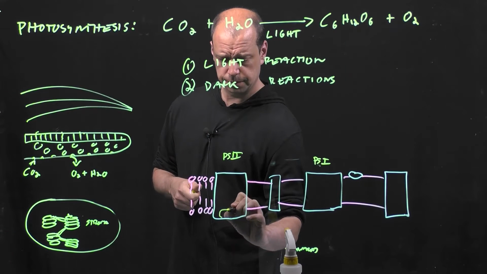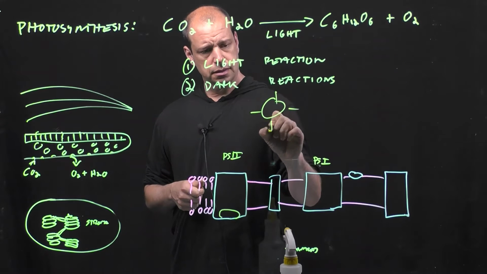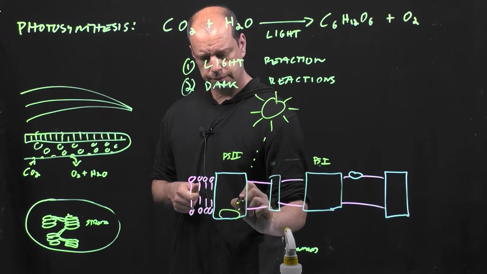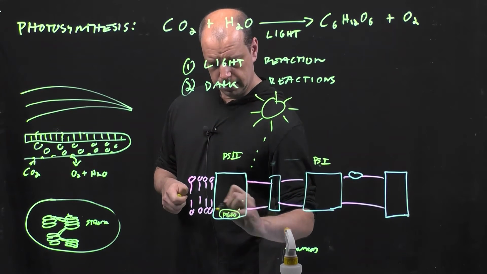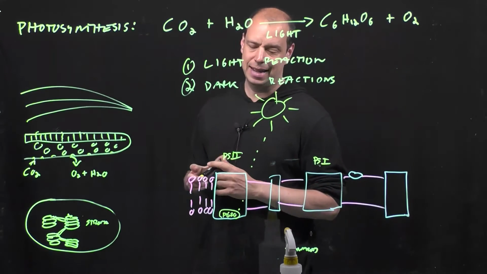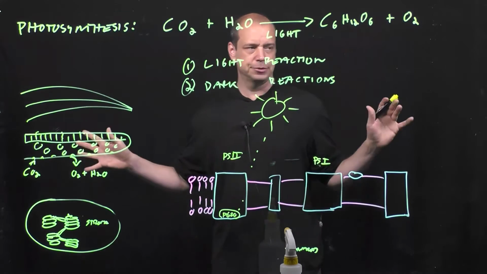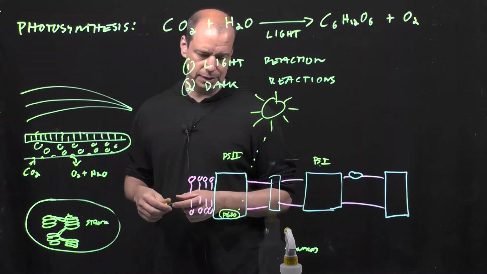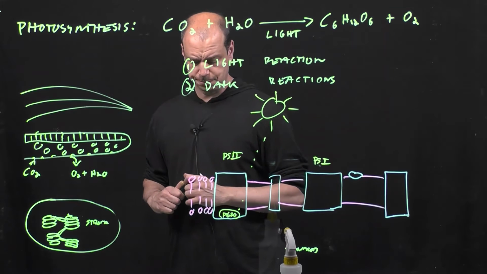Photosystem 2 captures light from the sun at a pigment called P680 because its absorption spectra is centered at a wavelength of 680 nanometers. There's also a large number of accessory pigments that are able to capture a broader wavelength of light and then bounce it down to this wavelength.